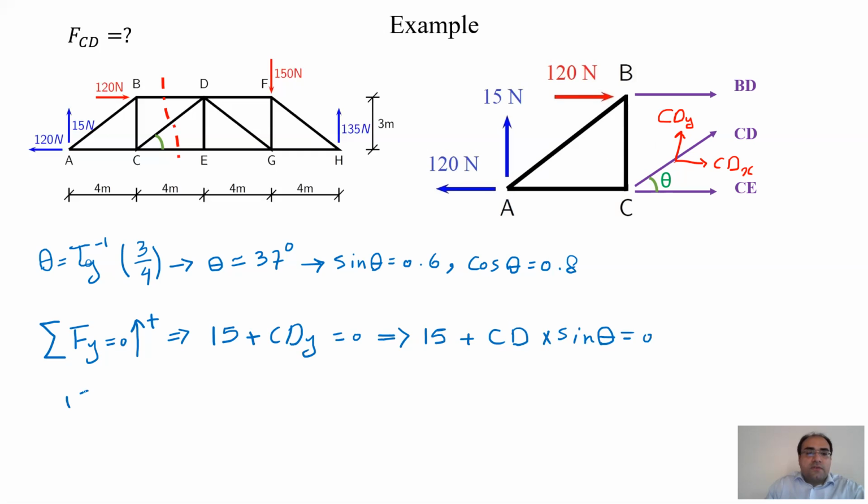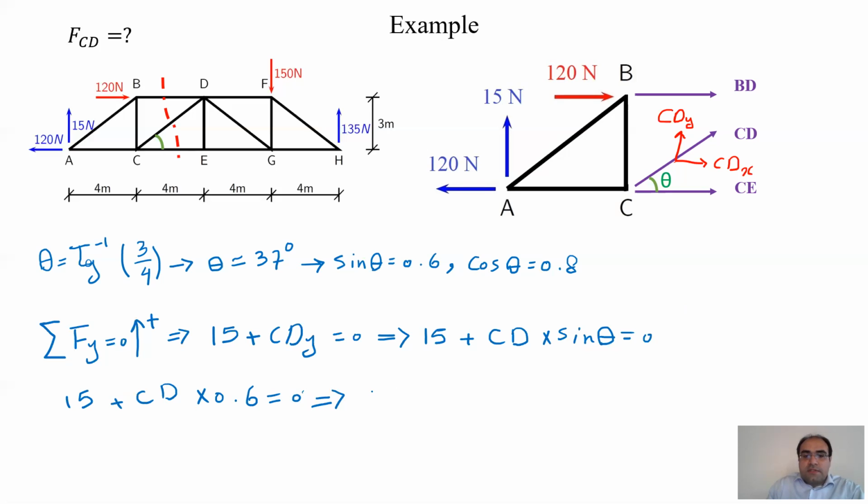And therefore, 15 plus CD times 0.6 is equal to 0. Is there any question here? Okay.